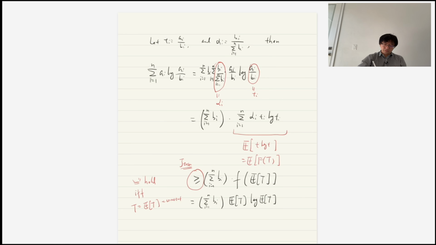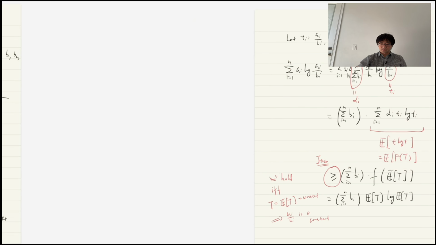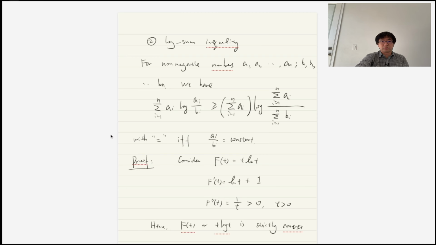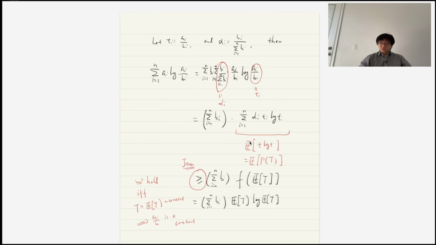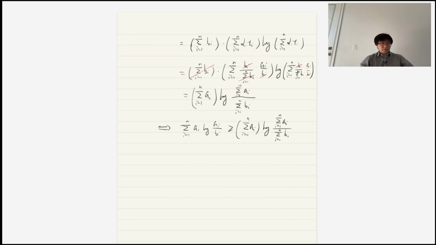This basically means that a over b is a constant, because a over b is our random variable here. So we finish the proof of our log sum inequality, because the equality holds if and only if this is a constant. So we're done. Any questions?